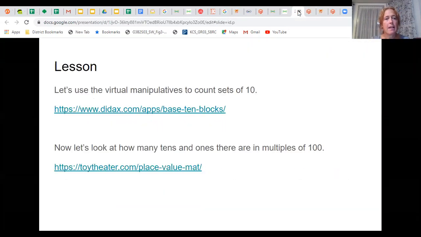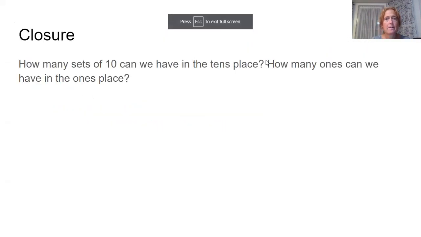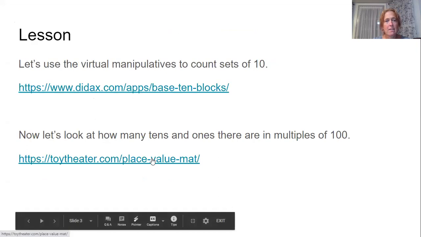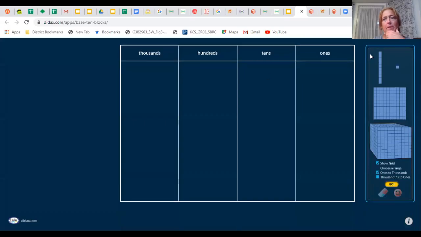Okay, and how many ones can we have in the ones place? Well, again, if I go back to here, once we have 10 of the units in the ones place, remember we can only have 9, we can't have 10, we then group them together to make a rod or a group of 10.